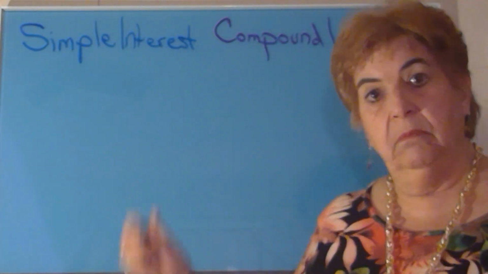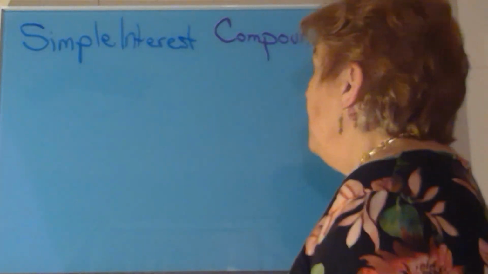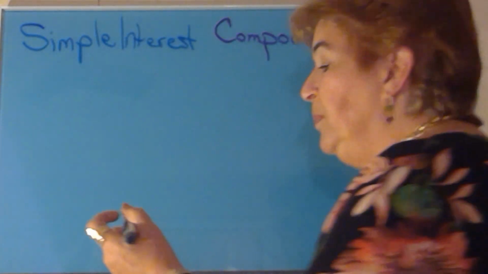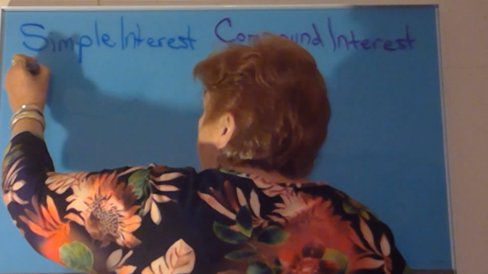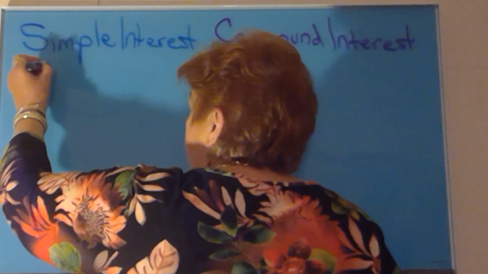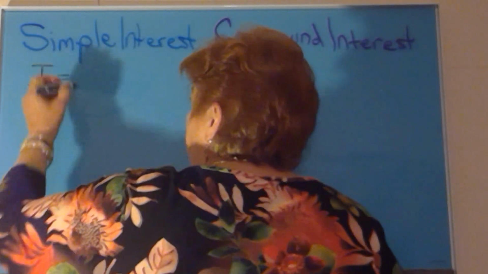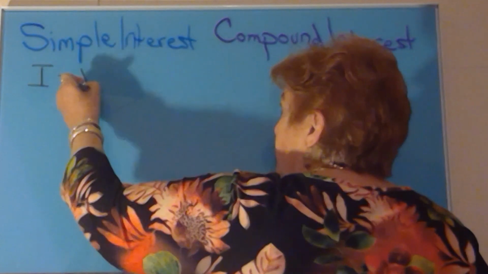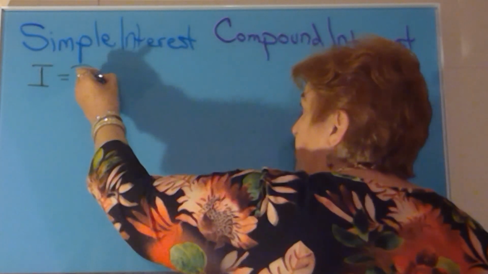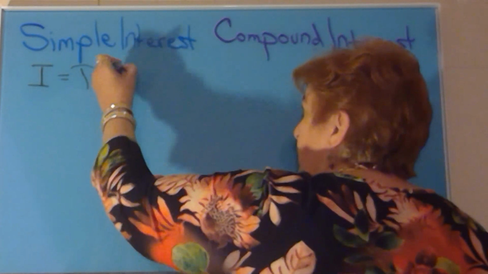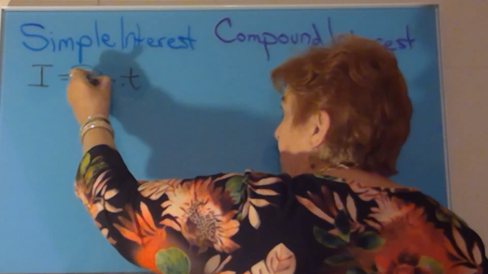There are two different formulas. The formula for simple interest, you're actually finding the interest, and the interest equals the principal times rate times time.